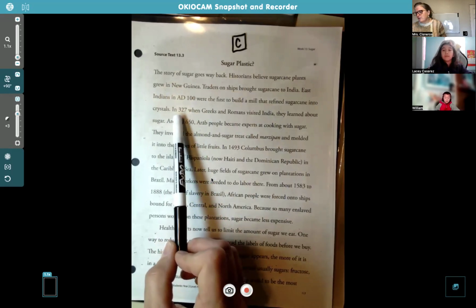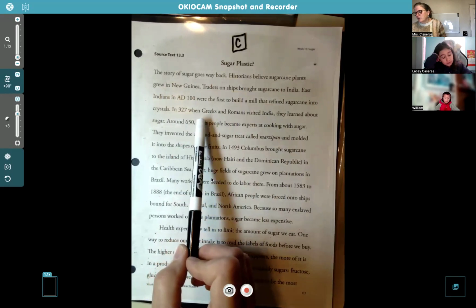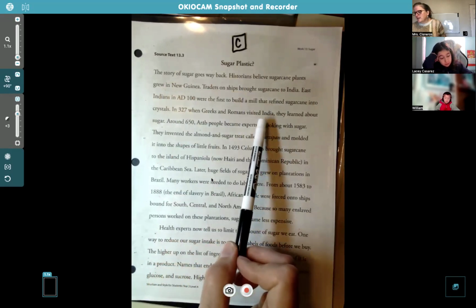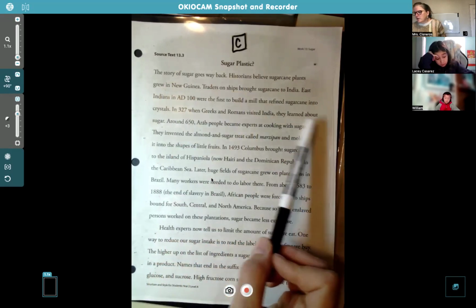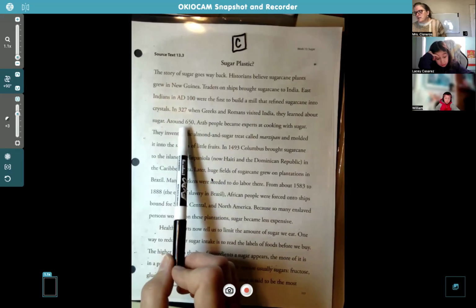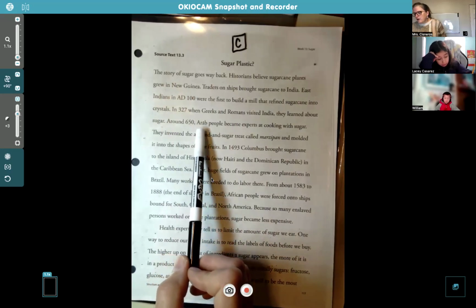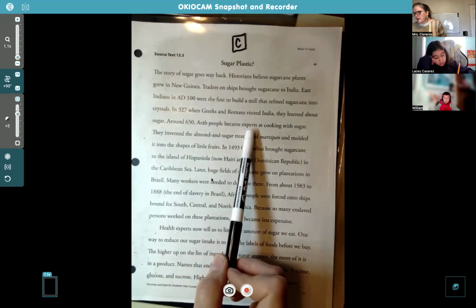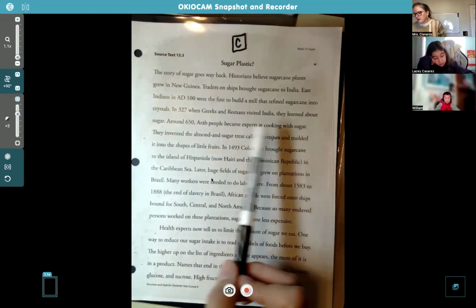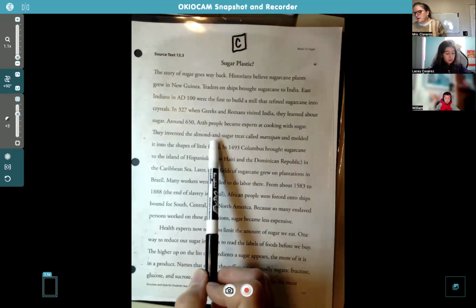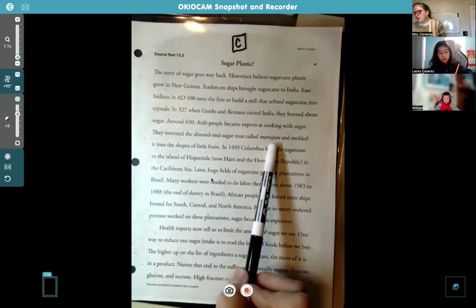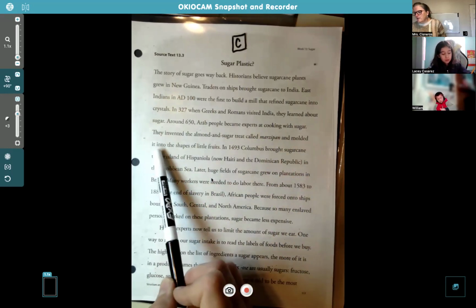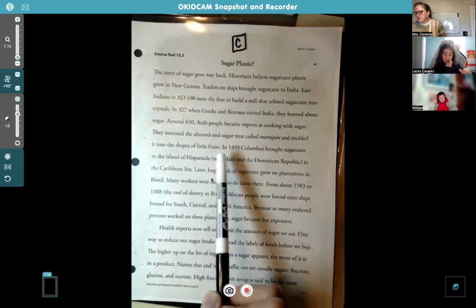Okay. In 327, when Greeks and Romans visited India, they learned about sugar. Around 650, Arab people became experts at cooking with sugar. They invented the almond and sugar treat called marzipan and molded it into shapes of little fruits.